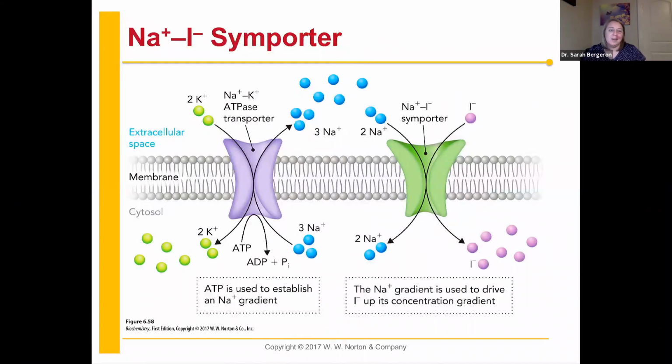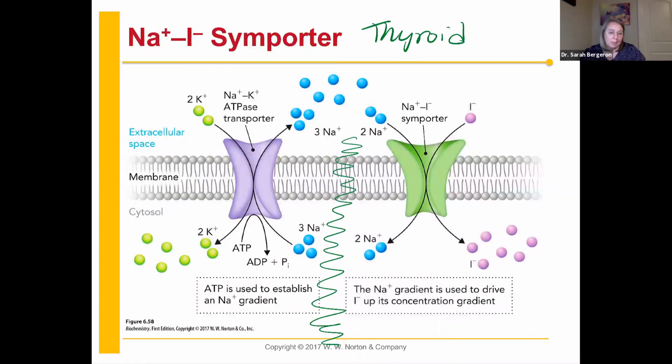All right, another example is the sodium iodine symporter. This is in your thyroid. And in your thyroid, you need iodine in order to make thyroid hormones like thyroxine and triiodothyronine to regulate our metabolism. So how are we going to do that? Well, we're going to need two things. I want you to kind of keep these separate, right?